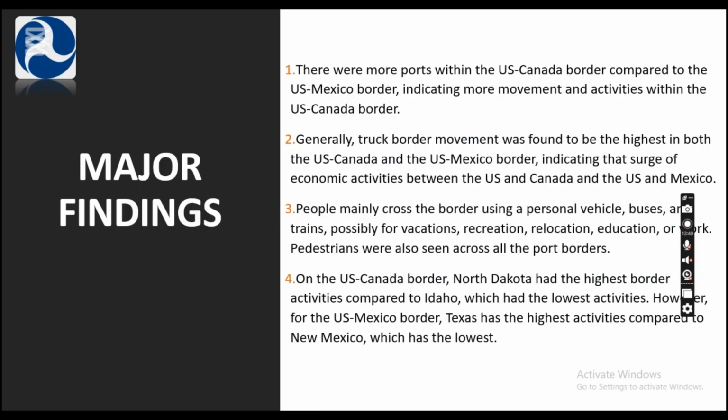All right. So these are our findings. And when we found this out, we started doing some research on how to understand what is happening here, knowing fully well that North Dakota has more activities, more business movement, more people movement, more money coming in, right?